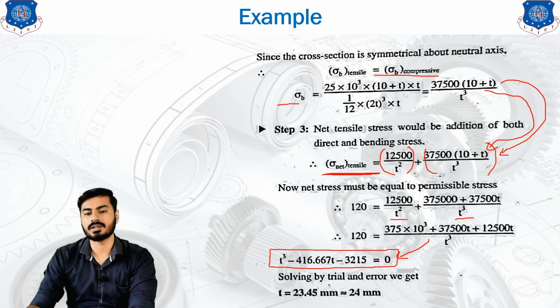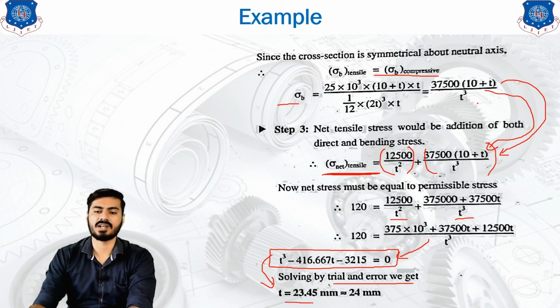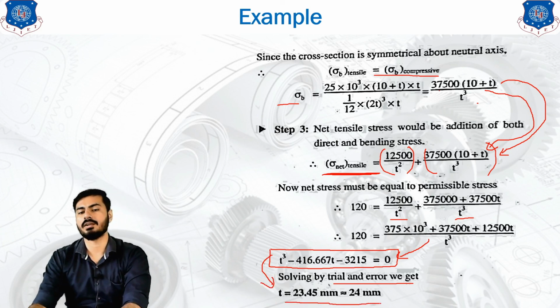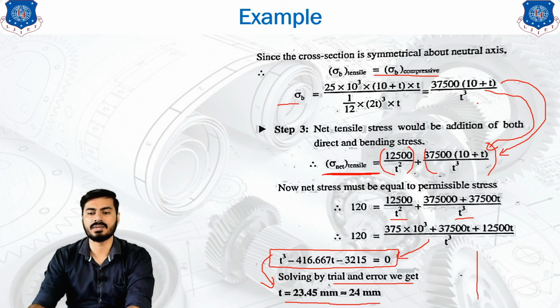But first you need to solve this equation by the trial and error method, and after solving it you will get the answer for t, that is 23.45, which is taken as 24 mm, and this will help you to design the cross section area, that is t and 2t.